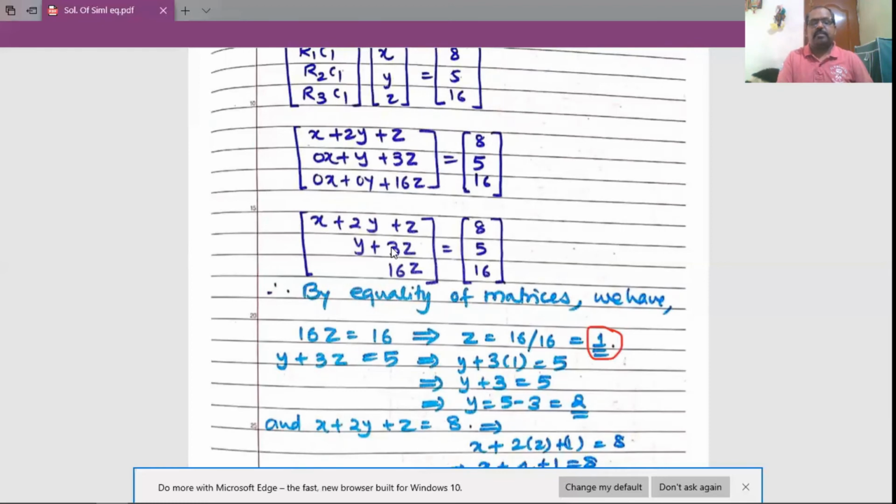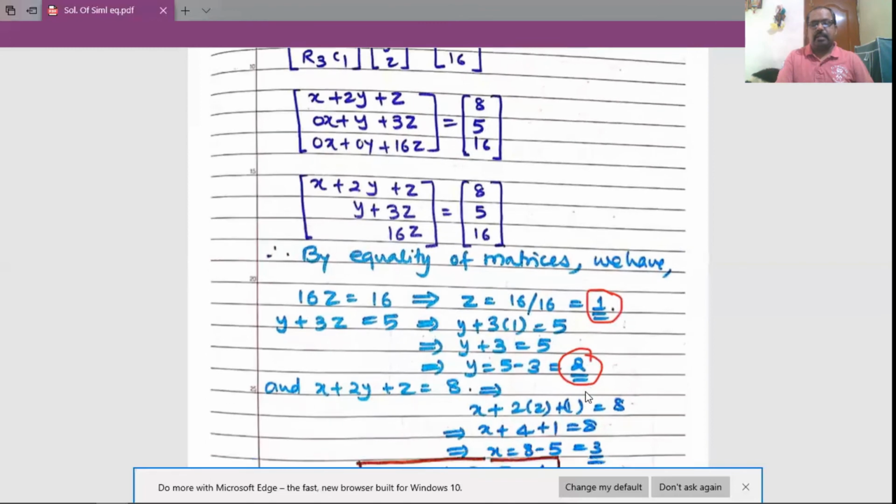I can equate y plus 3z with 5, so y plus 3z equals 5. Now I can use the value of z we got in the first step. So y plus 3 times z, where z is 1, equals 5. So y plus 3 equals 5, or y equals 5 minus 3. That gives us the value of y as 2.